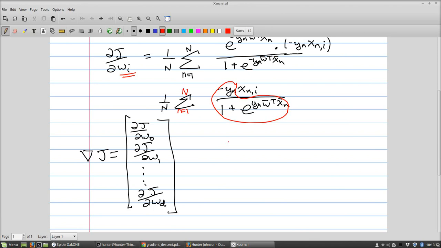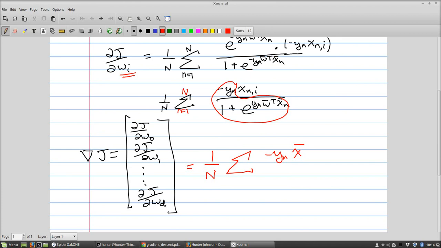And you can represent all that stuff just by writing this as 1 over N times the sum of minus y_n, and now I'm going to write the vector. So the stuff in the red bubble here is a scalar, but now it's times a vector.